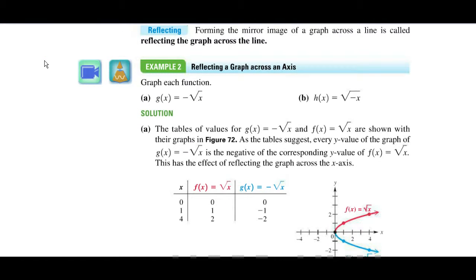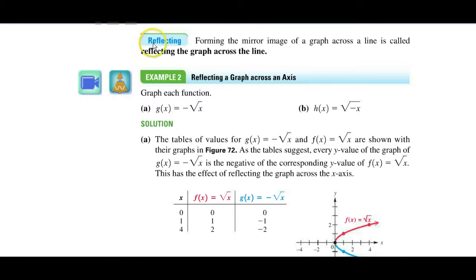Okay, we're now going to go to this topic of reflecting. And I did mention that a little bit in a previous lesson, but let's take a look at it. And this is called reflecting the graph across a line. Now, in most cases, this line will be the axis of our graph.